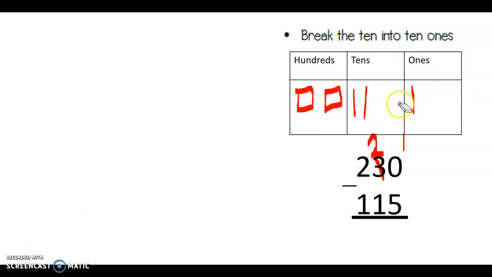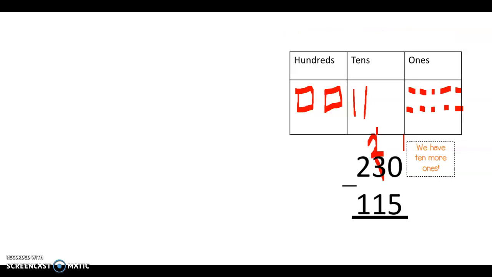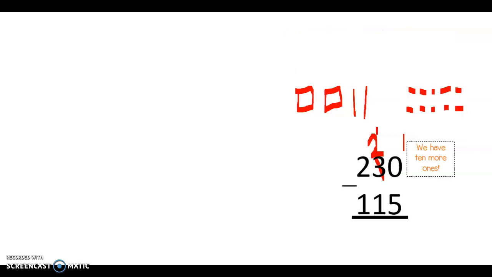I have to make it into ones. Well, there are 10 ones in 1 ten. So there are my 10 ones. We have 10 more ones. Well, 10 ones plus the 0 ones I started with is going to give me a total of 10 ones in my ones place now.